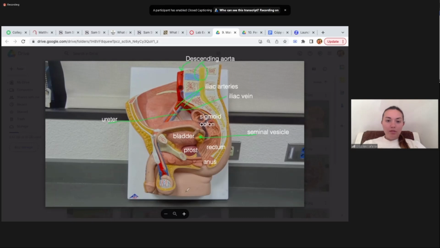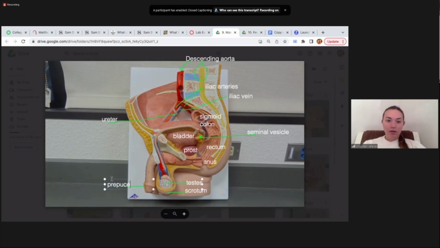We have the scrotum. Scrotum is the skin outside versus testes is the actual part that makes the sperm on the inside. Okay, testes, multiple testes. Yes. And then we have the prepuce, which is the same as foreskin.